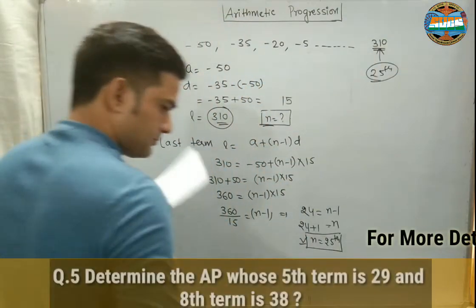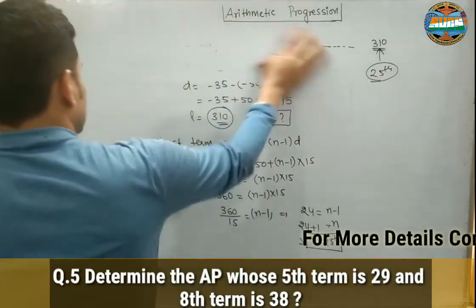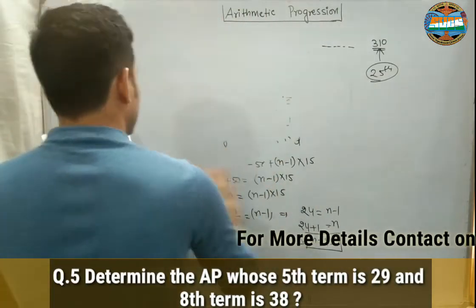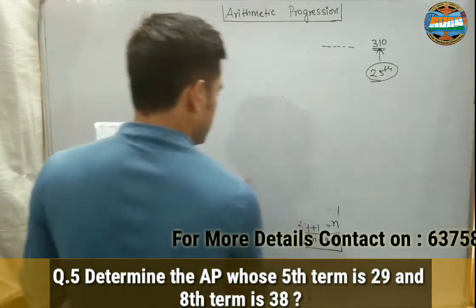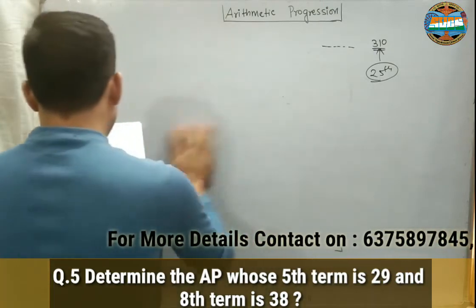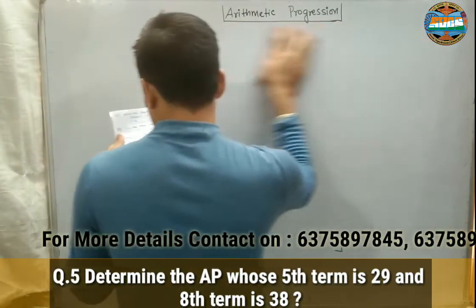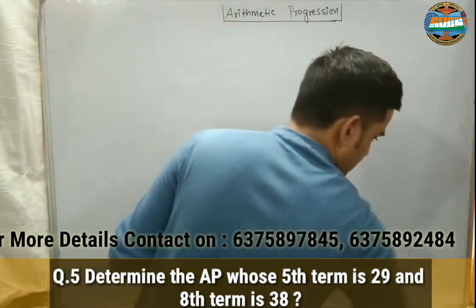Next question. Determine the AP whose 5th term is 29 and 8th term is 38.